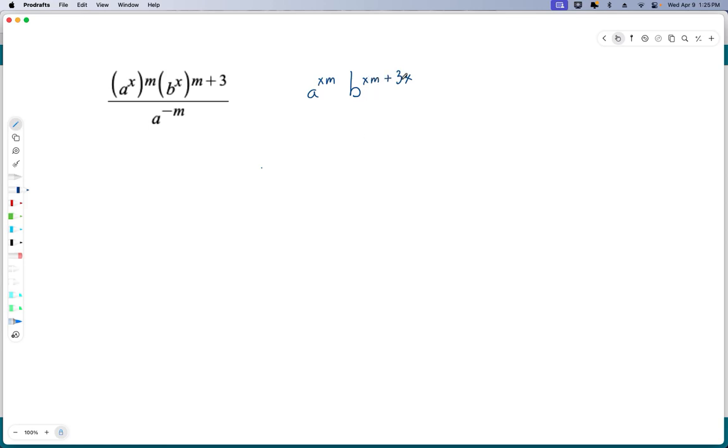So b to the xm plus 3x. And then in the numerator, we have a to the negative m. Well, we need to bring that to the top and make that a to the positive m. Right? Okay, so I've got an a and an a. That means we can combine them. So it's going to be a to the xm plus m.